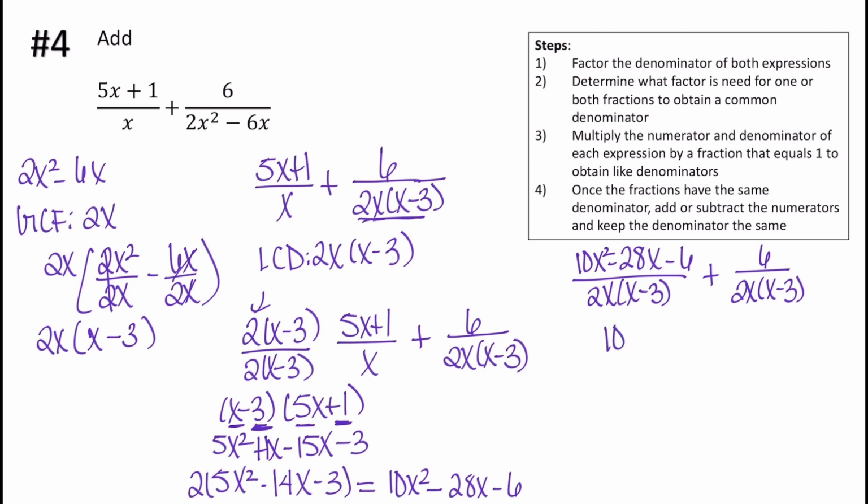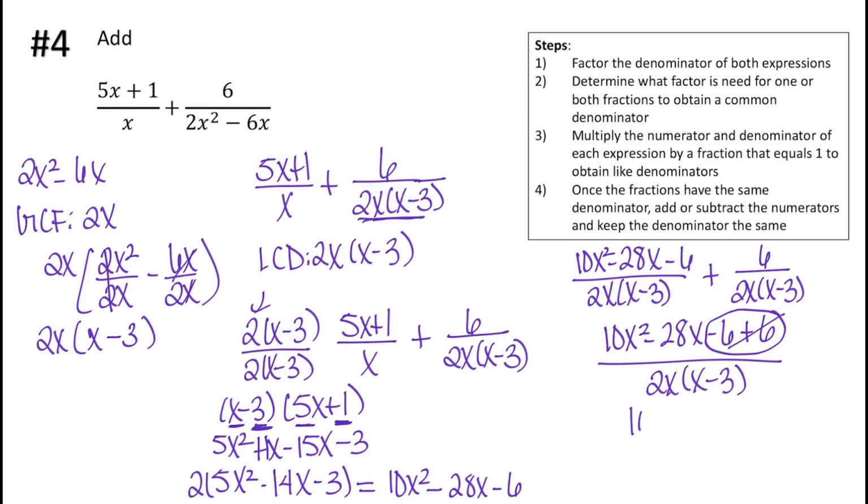So we have 10x squared minus 28x minus 6 plus 6 over 2x times x minus 3. The minus 6 and plus 6 make 0, so they cancel each other out. So we have 10x squared minus 28x over 2x times x minus 3.